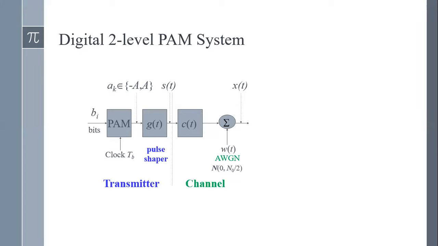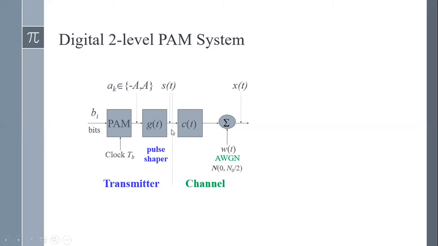Now what is additive white Gaussian noise? In additive white Gaussian noise, all the frequency components in the noise bandwidth have the same level. That means it remains flat. So that is very easy for the communication engineer to calculate. That's why we always consider AWGN, because it takes all the frequency components of the noise.